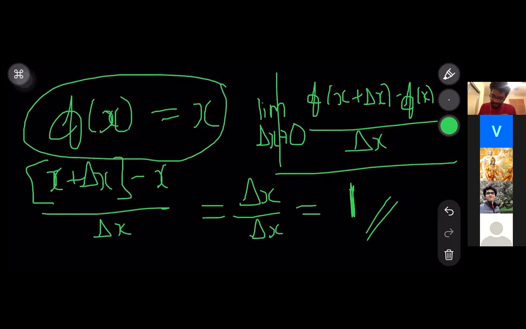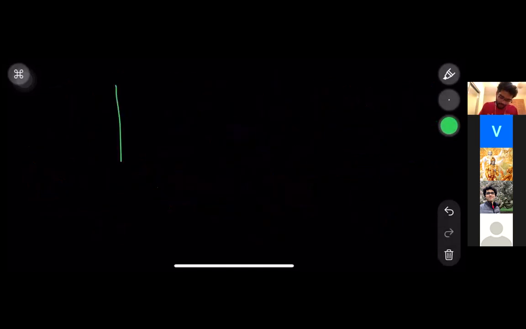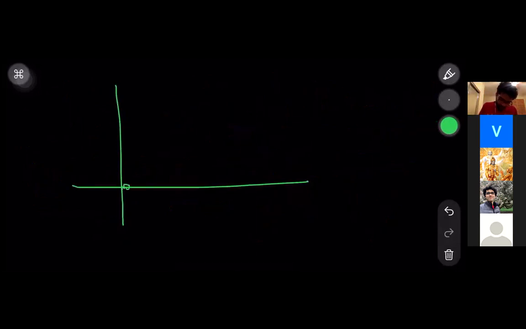Let's check that with a diagram. So this is my graph. Let's draw f of x equals x. So we have f of 0 equals 0. Let's say this is 1, 2, 3, 4. So what is f of 1?